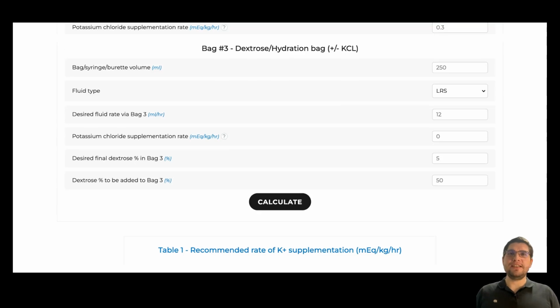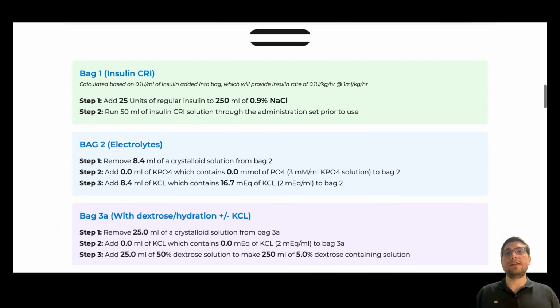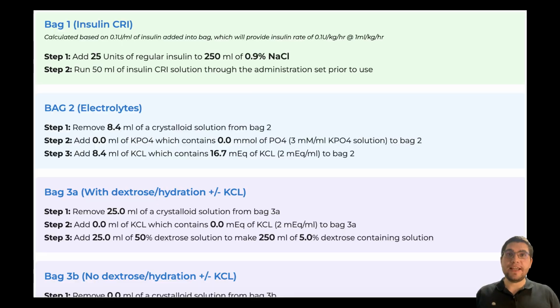Once everything is entered, I click Calculate to generate the full fixed rate insulin infusion protocol. The calculator simplifies the entire process by providing step-by-step recipes for all 3 fluid bags as shown on the screen.